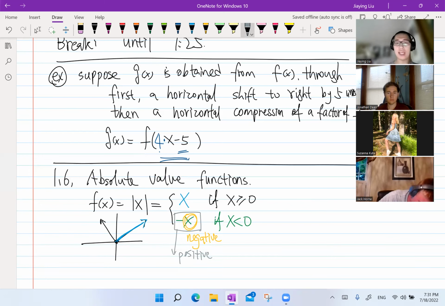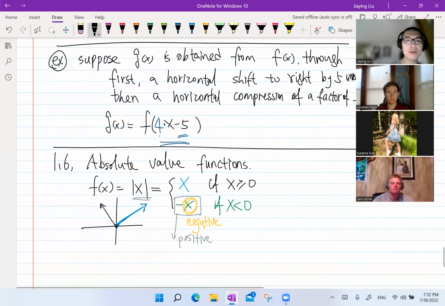And that's good, because that's what the definition of absolute value of x is. It's always positive if you take the absolute value of any number. So there's no contradiction there. Even though there's a negative sign, the negative is helping to make the x value positive. Okay.